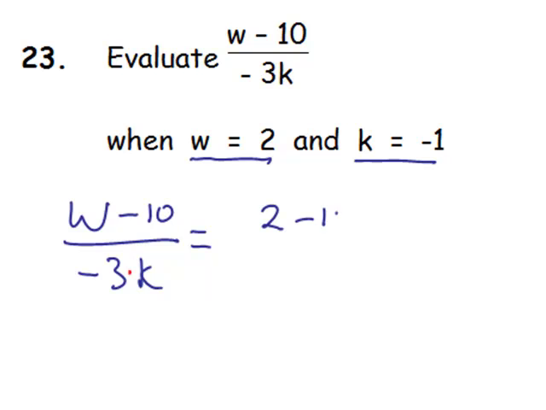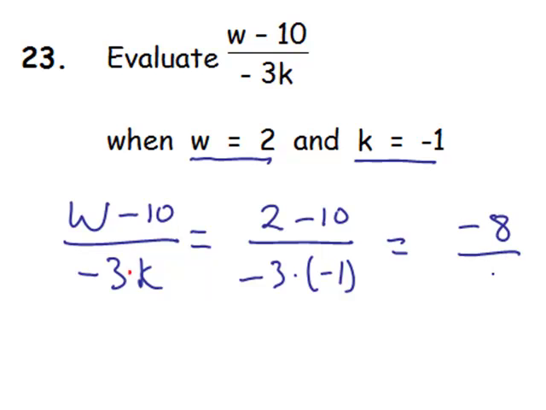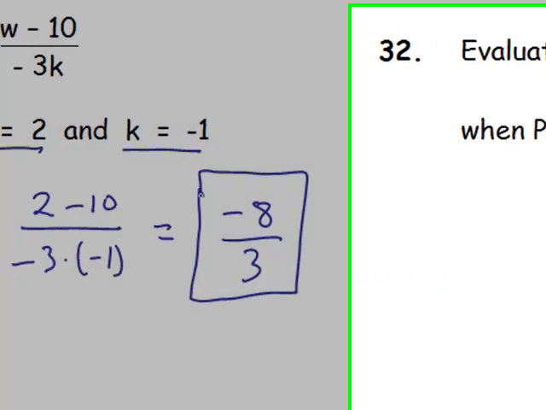This is now 2 minus 10 over negative 3 times negative 1. That's the value of k. And I'll put that in parentheses. Let's see, 2 minus 10 is negative 8, and negative 3 times negative 1 is 3, and this does not simplify, so this is complete as negative 8 thirds.